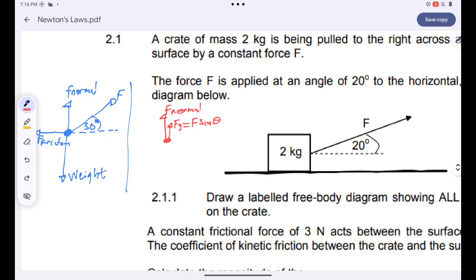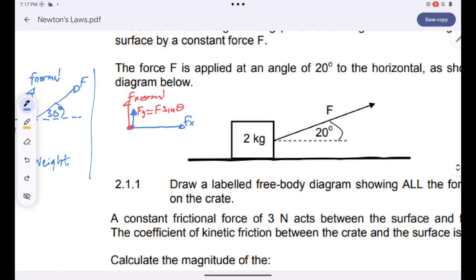Since we have a horizontal component, let me rather indicate it with a different color. Let me use blue for the components of the force, both vertical and horizontal. And then this one, Fx, which is horizontal, will be equal to the magnitude of F multiplied by cos theta.